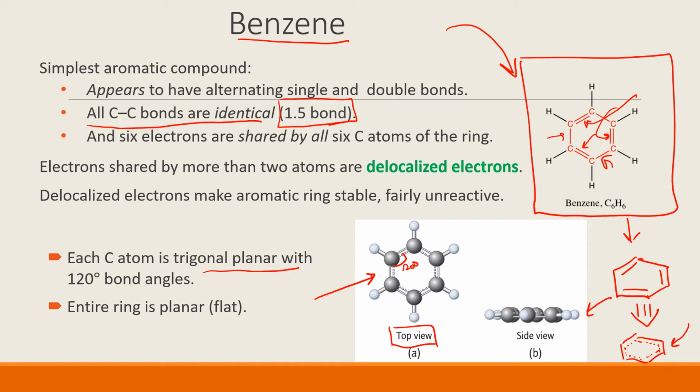Because these double bonded electrons are spread over the entire ring, as you can see with this dotted line, these kinds of electrons are known as delocalized electrons. Delocalized electrons make the aromatic ring fairly stable, so therefore it is quite unreactive in many chemical reactions.